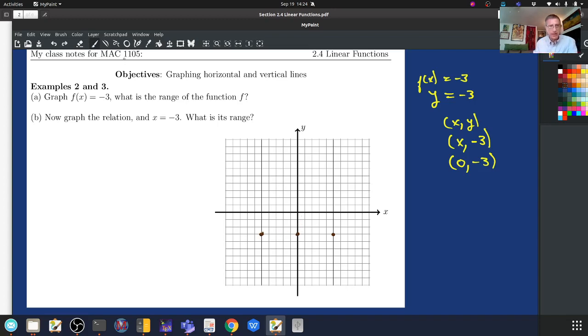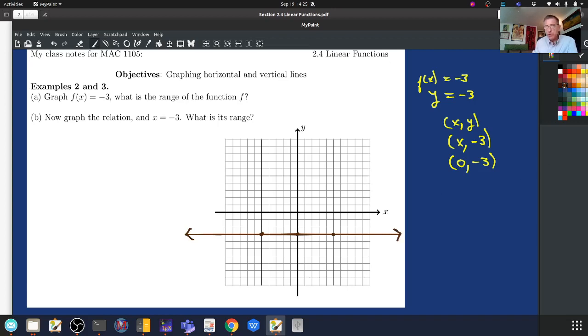This is the graph of a horizontal line. And right there we have the graph of a horizontal line.